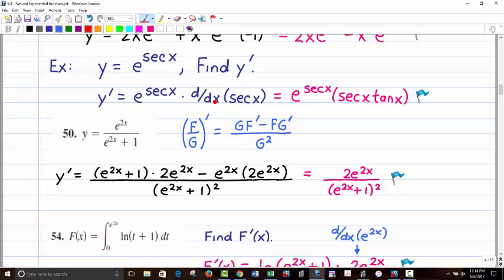So it's still 2e to the 2x, over the bottom squared. And I just cleaned up the numerator a little bit. I probably didn't necessarily have to, but a couple terms canceled, so it worked out real nice. So clean that up, and you just end up with 2e to the 2x over e to the 2x plus 1 squared.